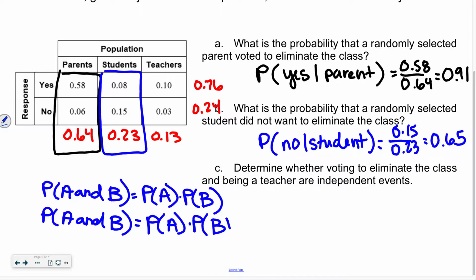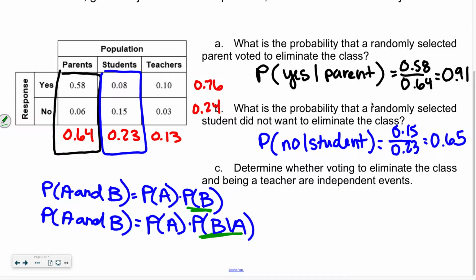Okay, so the big difference between independent and dependent events is this second probability, right? So remember, if they're dependent, the second probability changes.